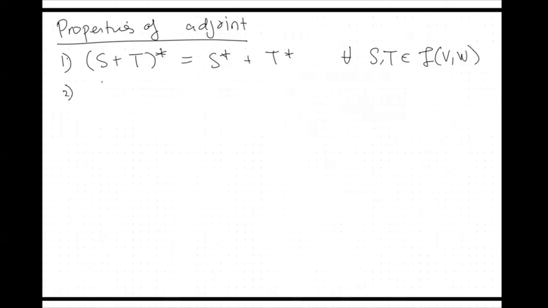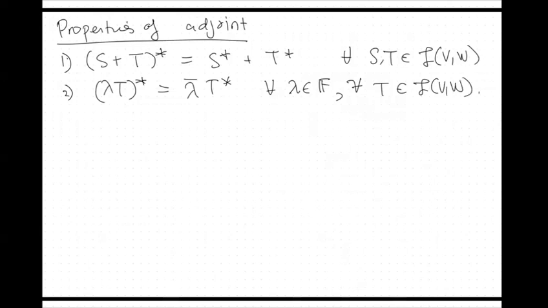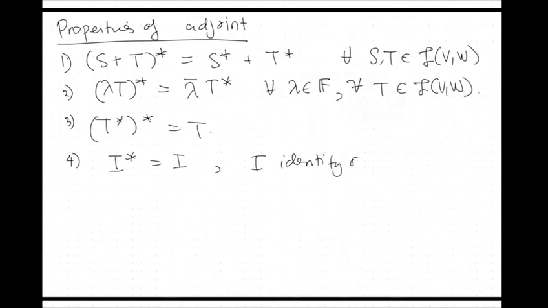Number two: (lambda T) adjoint is just lambda conjugate times T star, for all lambda in F and for all T in L(V, W). And the third one: the adjoint of the adjoint gives you the original T. Number 4: the adjoint of I is just I, where I is the identity operator on V.